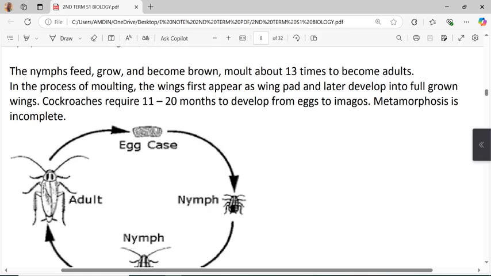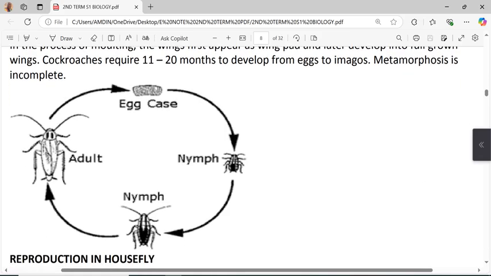Metamorphosis is incomplete. So you can see that cockroaches take 11 to 20 months to develop from eggs to adults. The metamorphosis is incomplete because the egg hatches to develop into a nymph, which is a small cockroach, and the nymph develops into an adult. Unlike complete metamorphosis, where the egg hatches into a larva, the larva develops into a pupa, and the pupa into an adult.